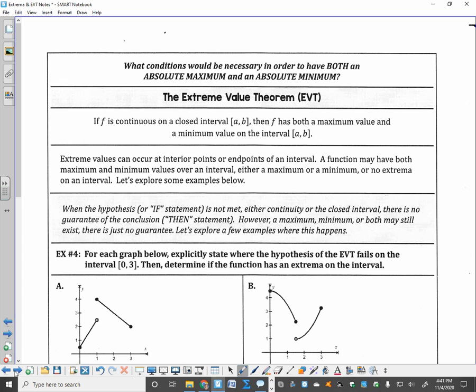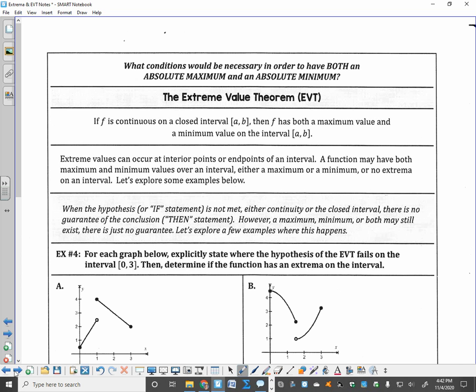Extreme values can occur at interior or endpoints of an interval. Absolute extreme values can occur somewhere within, or they can occur on the endpoints. A function may have both a max and a min over an interval, either a max or a min, or no extrema on an interval.